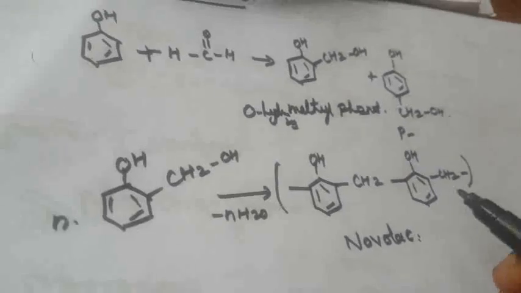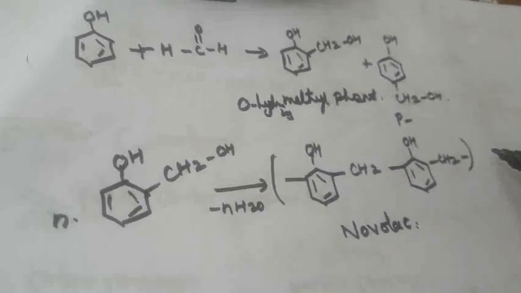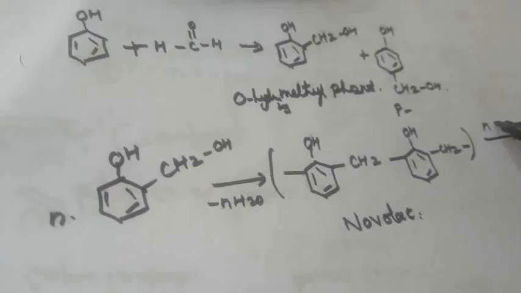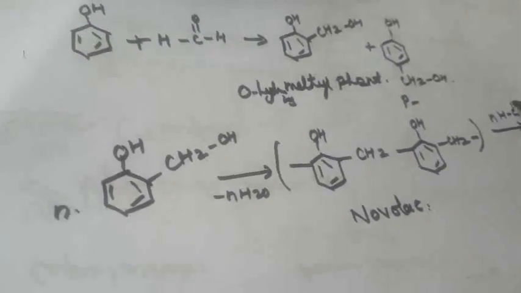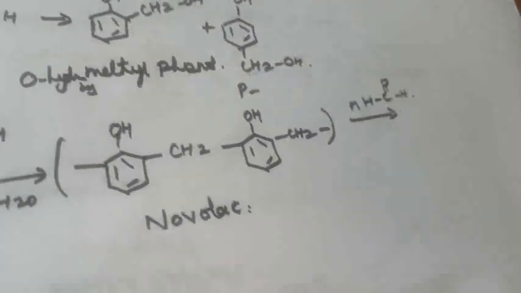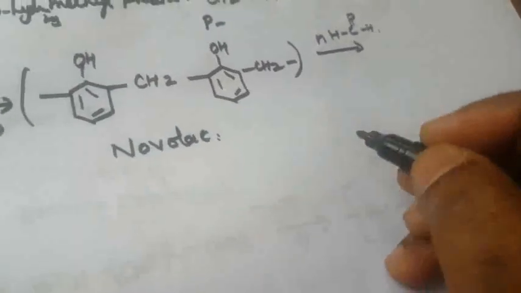Another one is this combined with again another formaldehyde, n molecules of formaldehyde, to form the Bakelite. How will it be formed?